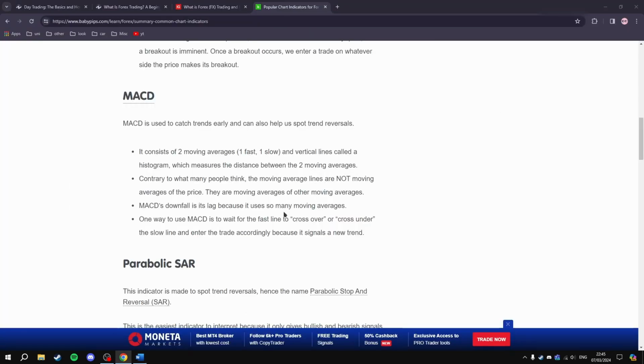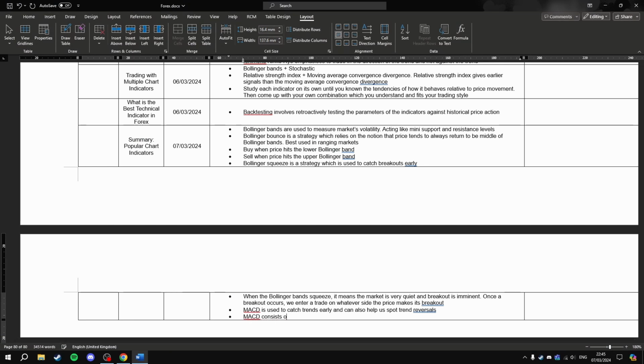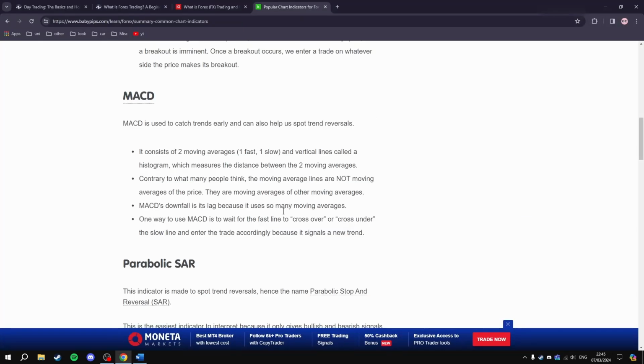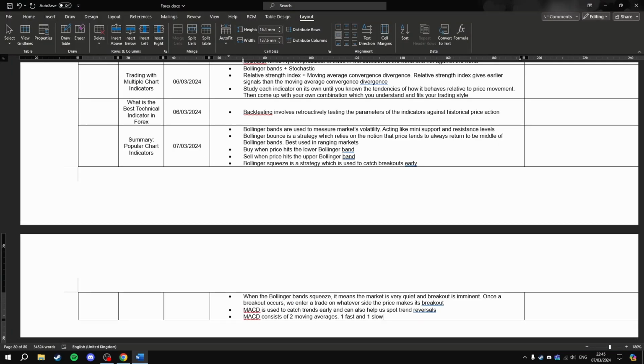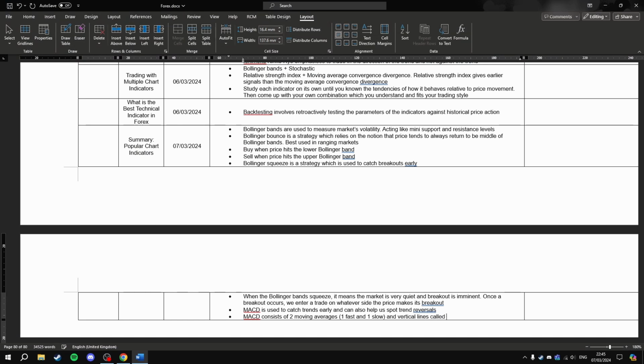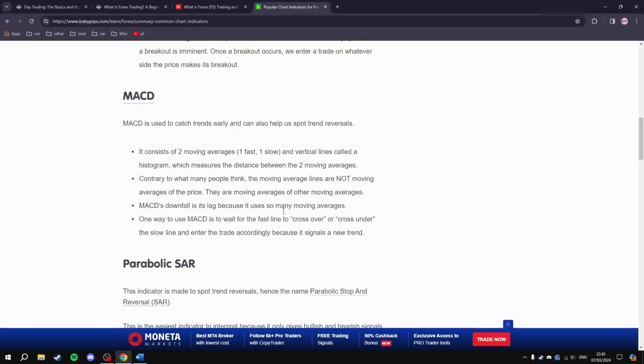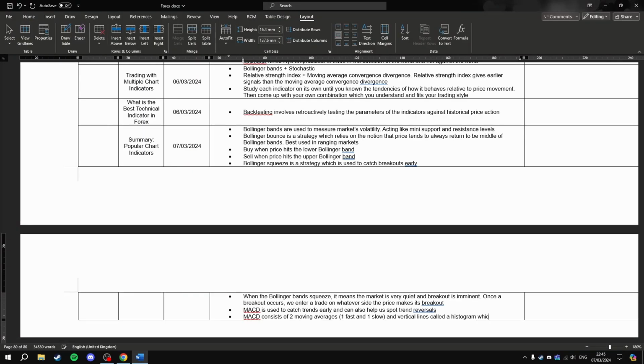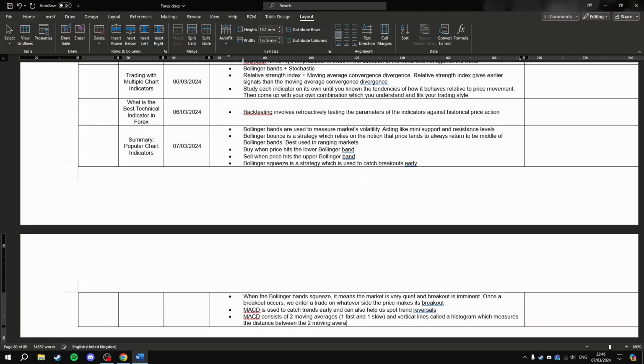It consists of two moving averages, one fast and one slow, and vertical lines called a histogram, which measures the distance between the two moving averages.